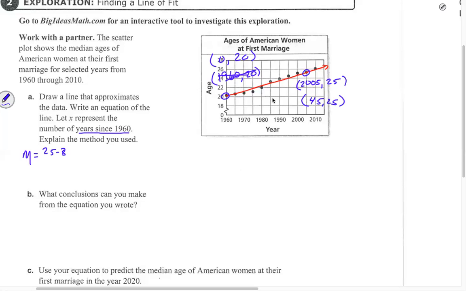You guys doing this as well? Over 45 minus 0. It gives me 5 over 45, which is 1/9. And now I'm going to use the point 0, 20. So it gives me y minus 20 equals 1/9 times x minus 0.